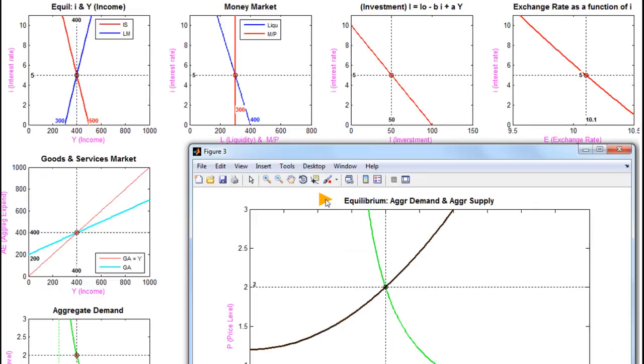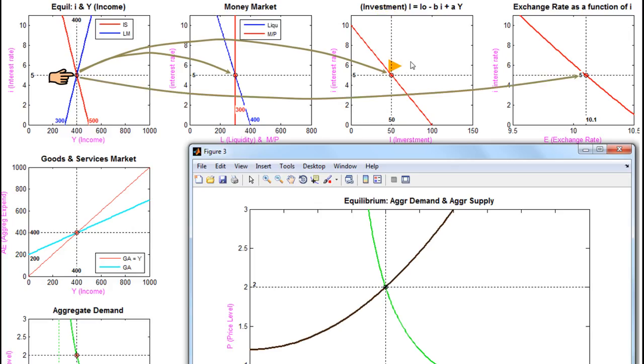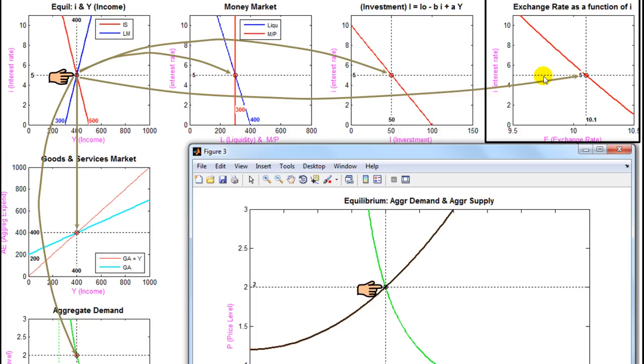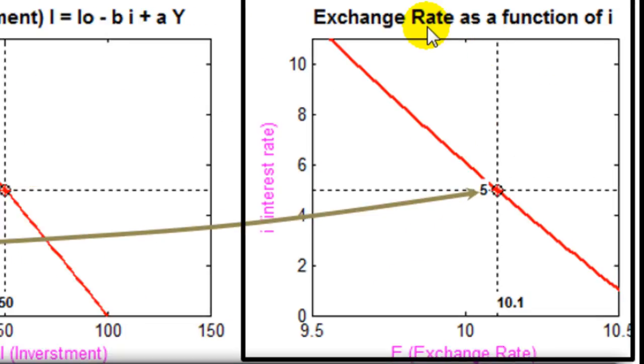So in the previous video we went from this equilibrium to the money market, then we went to the investment, then exchange rate, and we will go on with this market. But in this video we're going to be focused on this part, the exchange rate as a function of interest rate.